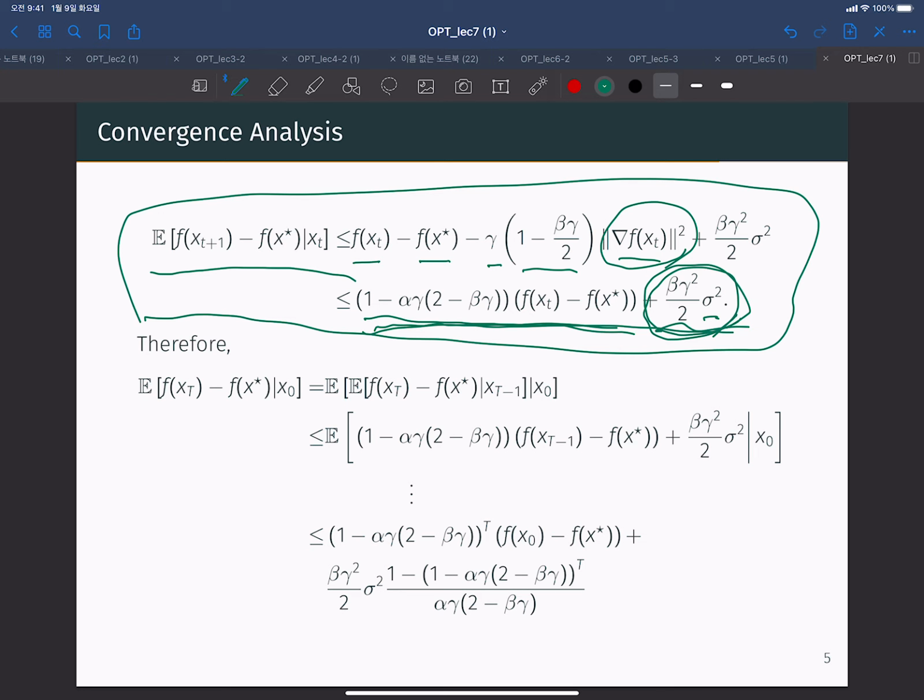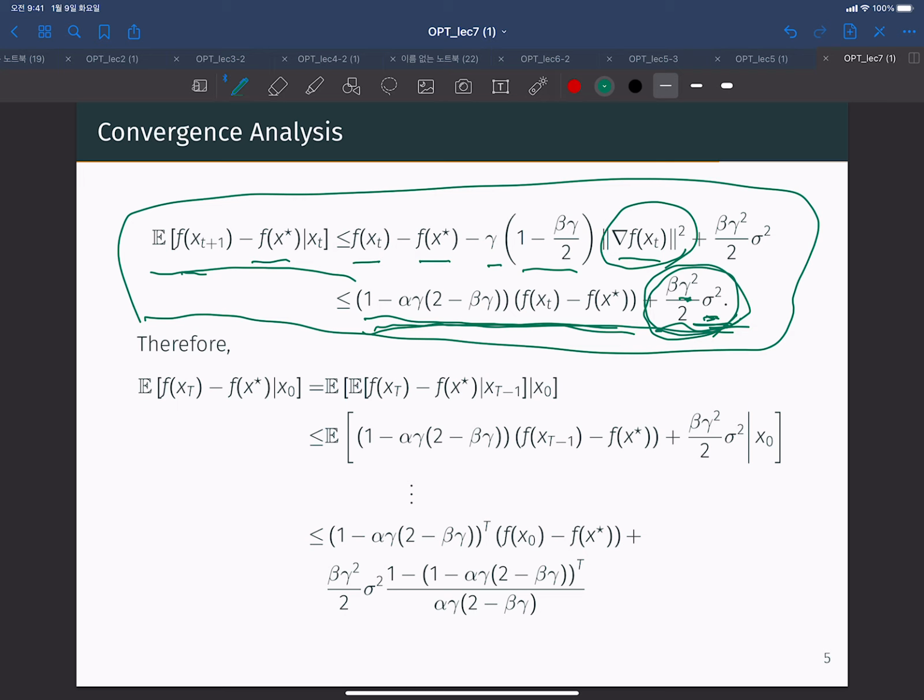When sigma square is very high, you cannot guarantee f(x_{t+1}) minus f(x*) is less than or equal to f(x_t) minus f(x*) when this value is very, very high. But when sigma square is not so high, then you can guarantee f(x_{t+1}) minus f(x*) less than or equal to f(x_t) minus f(x*) on average, in the expectation sense, by controlling gamma.